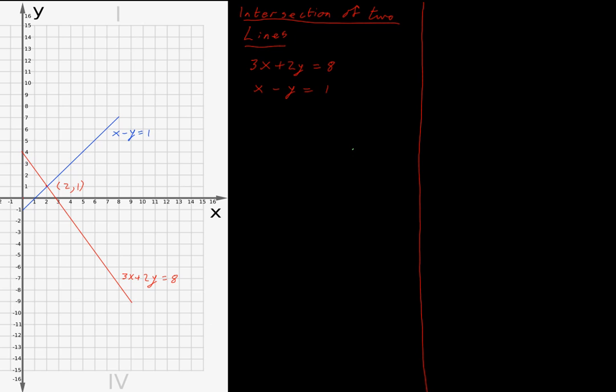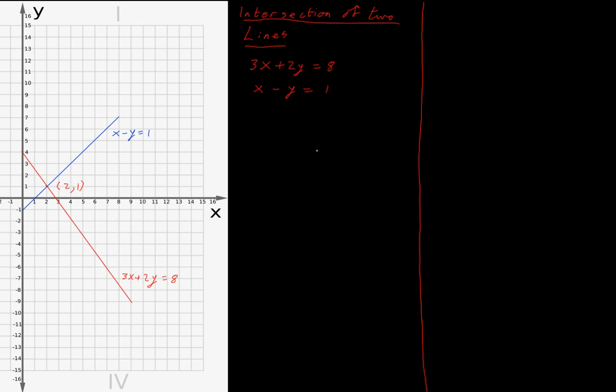Now, in simultaneous equations, what we're going to try and do is add these two equations together so that one of the letters is going to add up to 0. So, in this question, I have plus 3x plus 2y in the first equation. I have plus 1x minus 1y in the second equation.